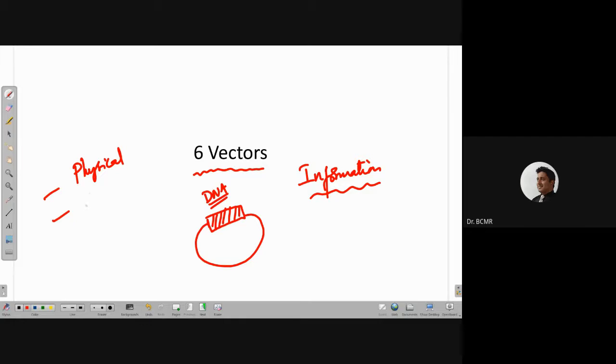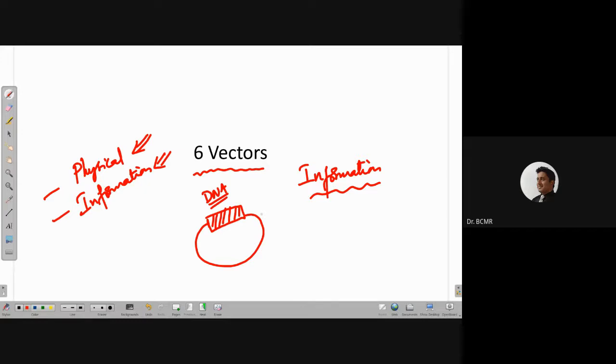That means it has a design, a shape, properties. You can call that information. Everything is basically information, depending on how we perceive it.